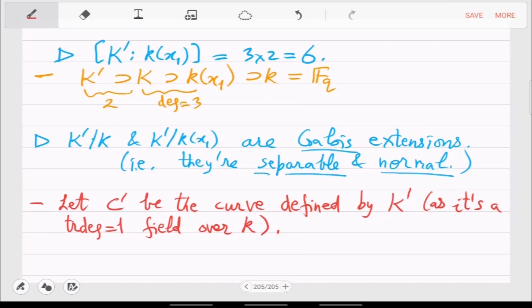So this also defines a curve, that's the curve C prime. And this C prime to C to P1 is called the Galois cover of C.